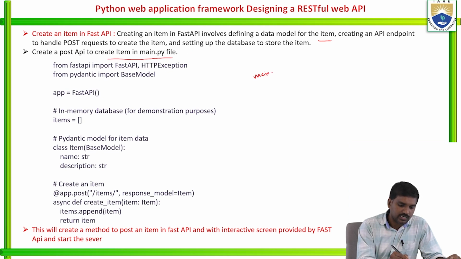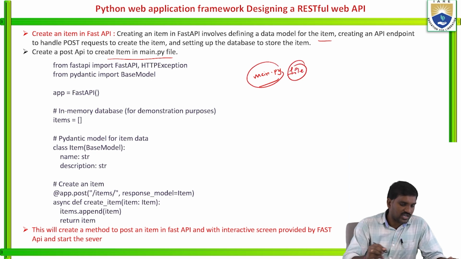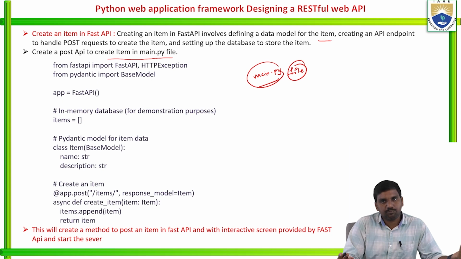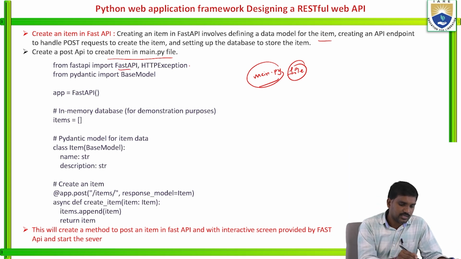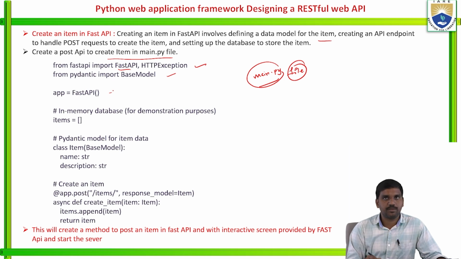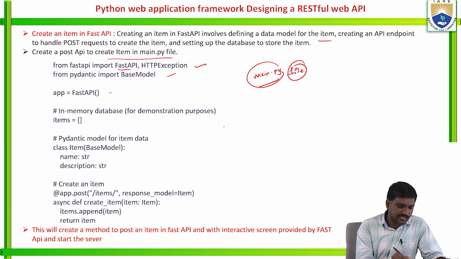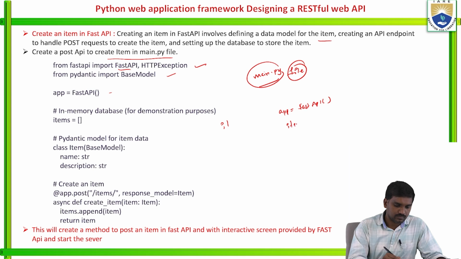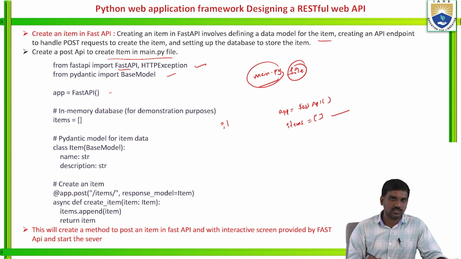In the main.py file, first import HTTPException from fastapi, and from pydantic import BaseModel. Then app = FastAPI(). Next, items = [], the square brackets indicating an in-memory database for demonstration purposes.